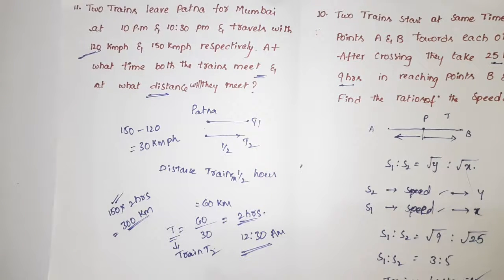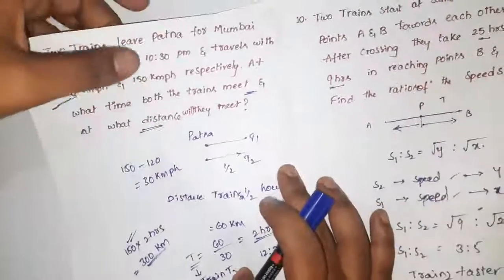You should multiply the actual speed with the duration, so that we can get the distance traveled by train 2 to meet train 1. I hope you understood this problem. We just used the relative speed concept, and we divided the distance between train 2 and train 1 by the relative speed. We got the time value. I hope you understood this concept.